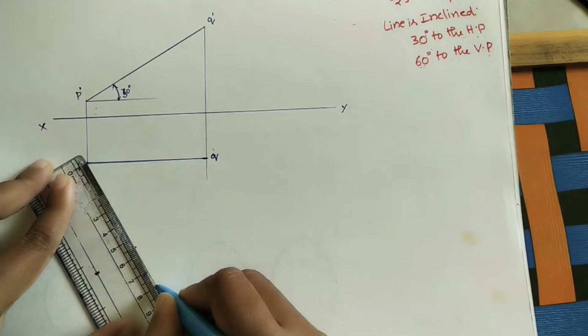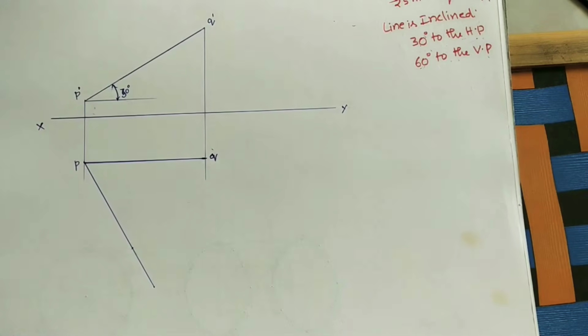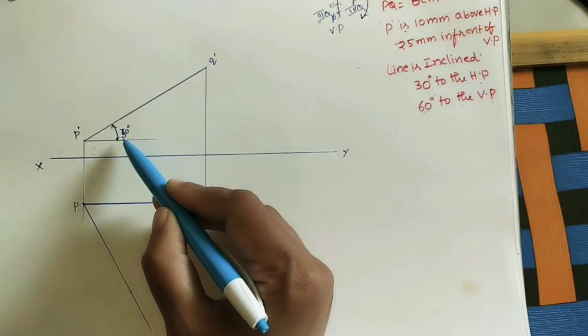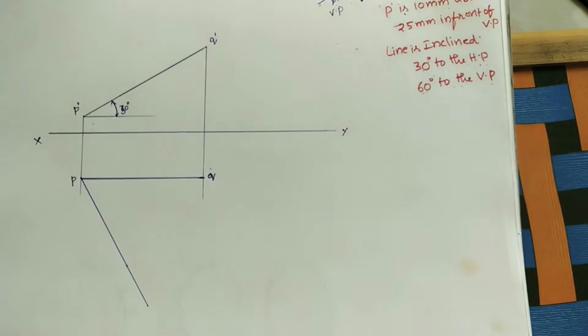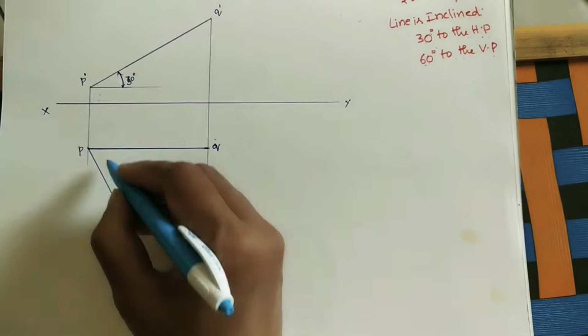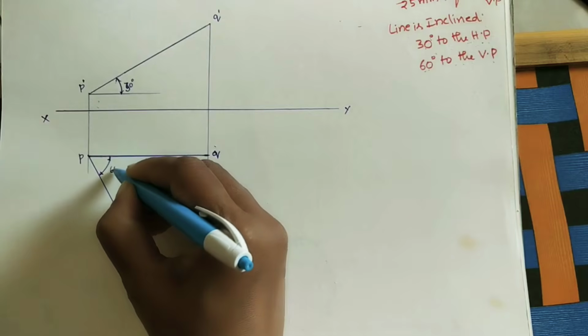Here we are getting 8. Draw the line. Now for this end, instead of Q, when we are taking only one angle, give some other name. Q1 I am taking, when we are taking the 60 degrees angle.